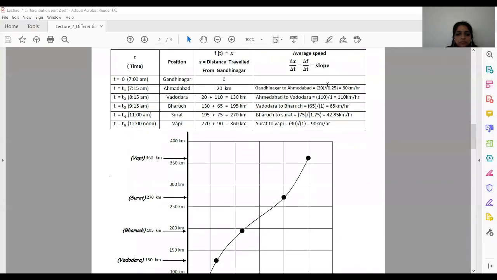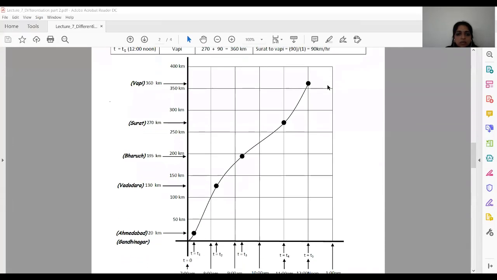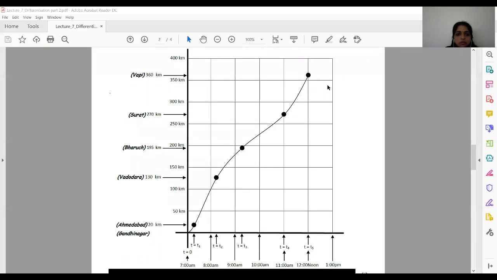Here, this graph indicates, the x axis indicates time, t for time, and the y axis indicates the total covered distance, right? So at 7 a.m., at t equal to 0, this is our starting point, Gandhinagar.